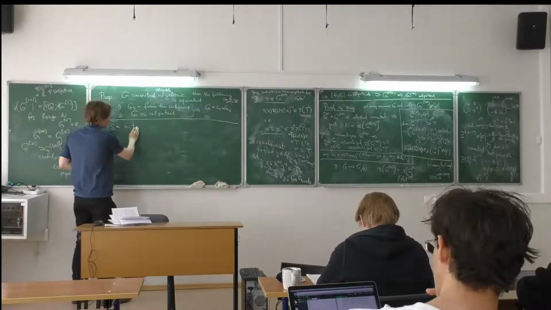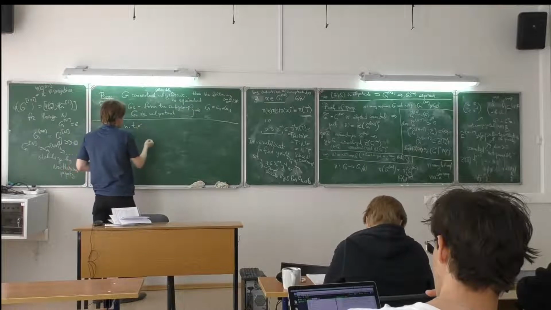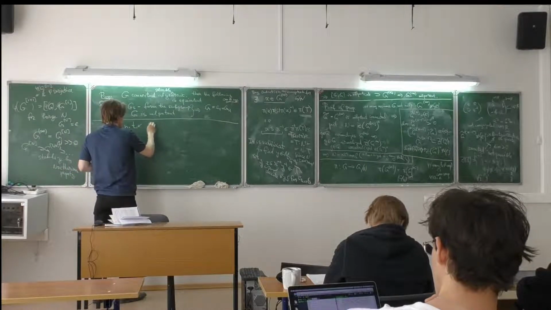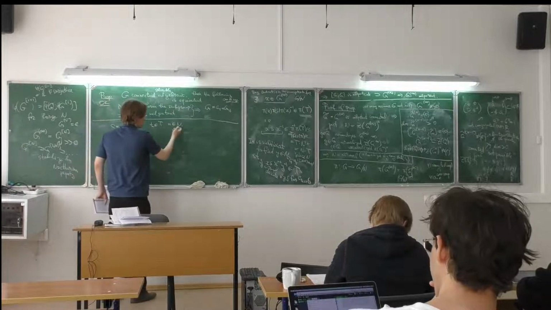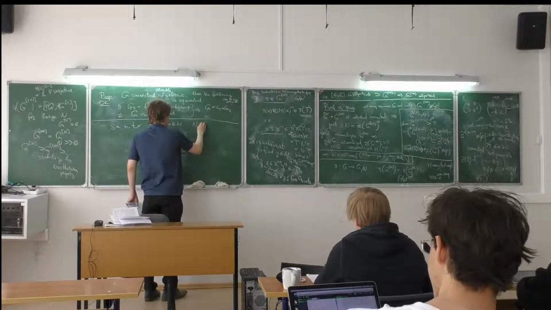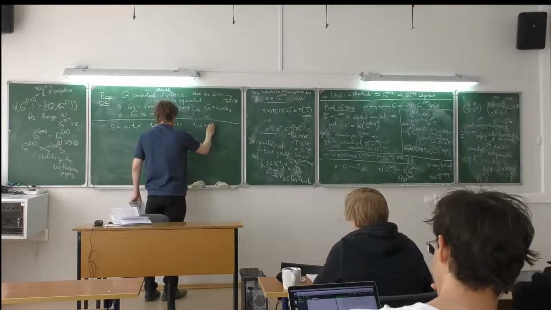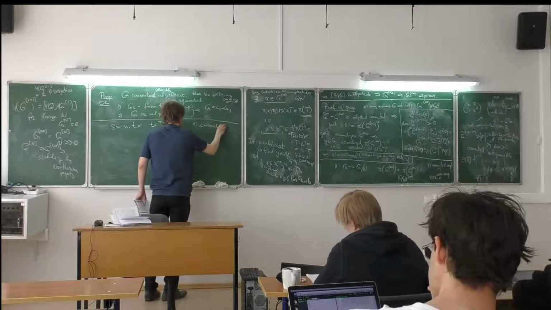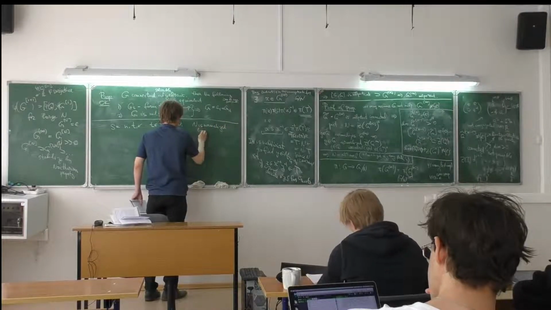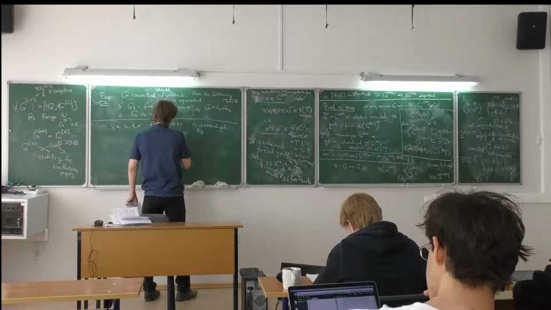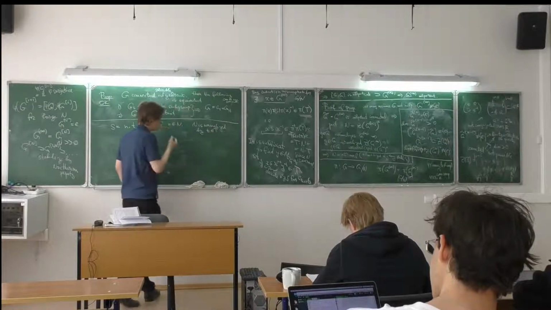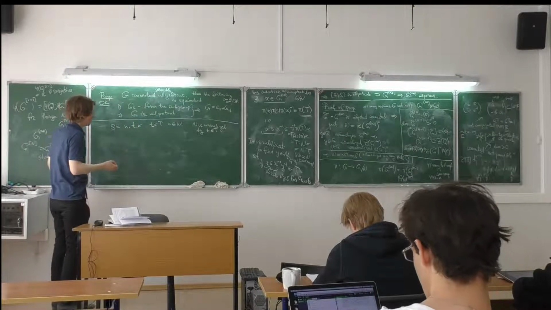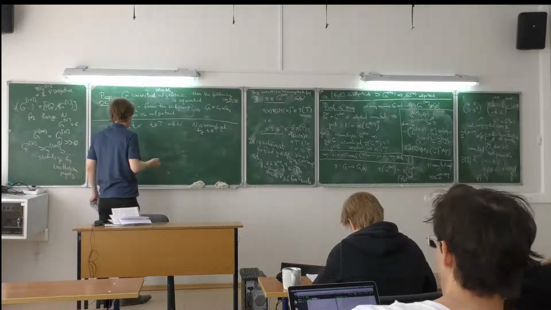This t is some element of the torus, and n is the element of n. And notice that n is normalized by the element of t.